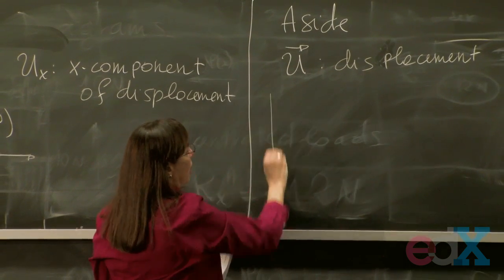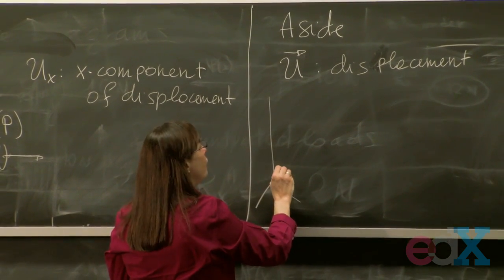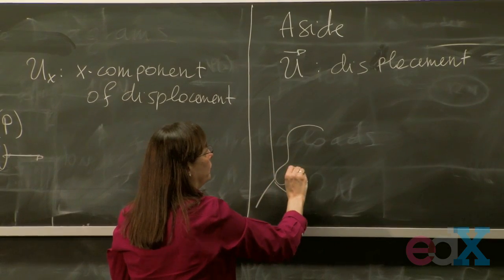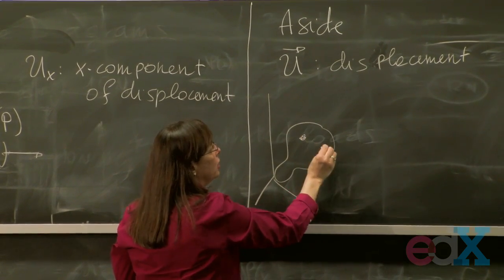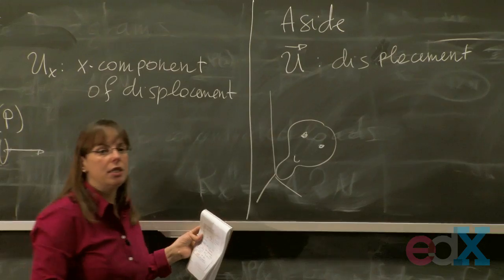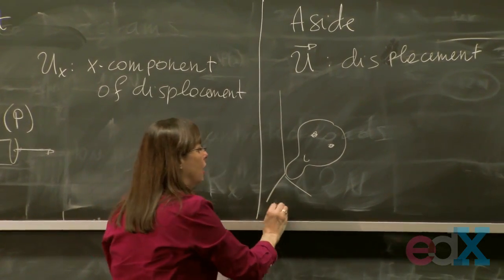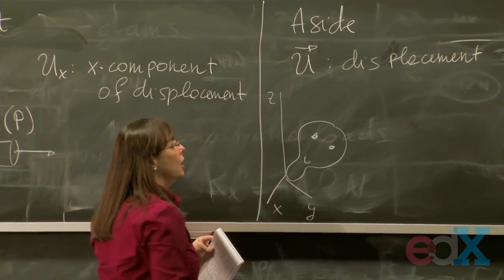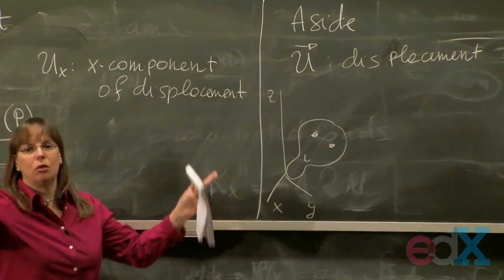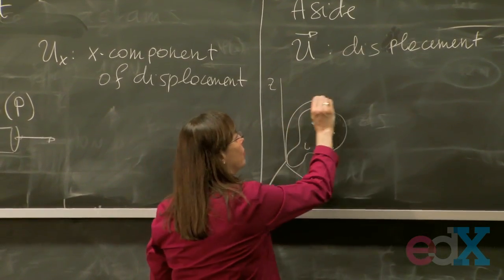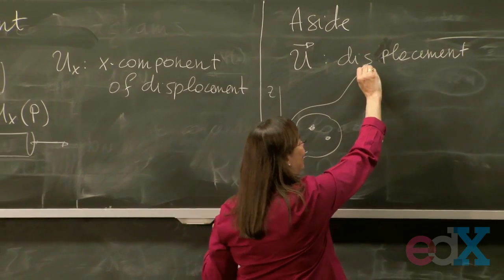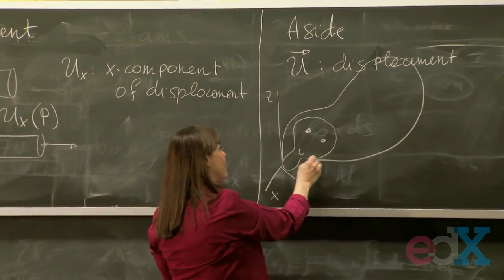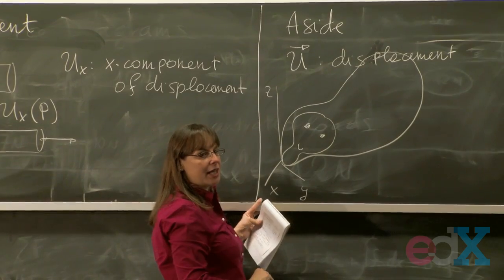For instance, if you are in 3D, say that I have a balloon. That's my balloon sitting in a 3D space. I can do x, y, z. And now I blow up my balloon, and my very misshapen balloon becomes something that looks like that.